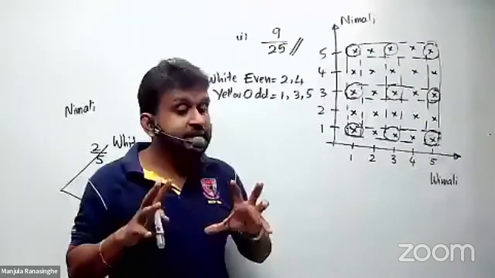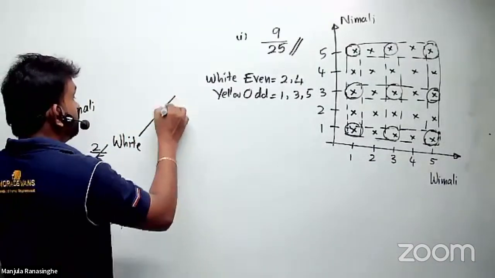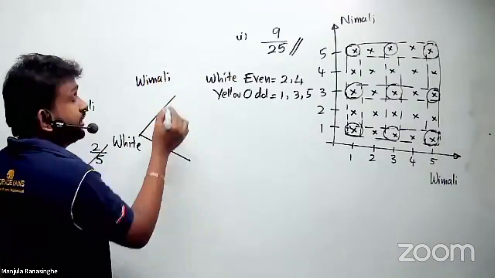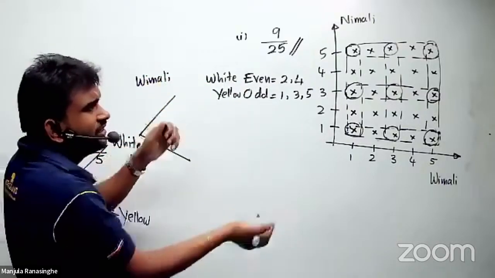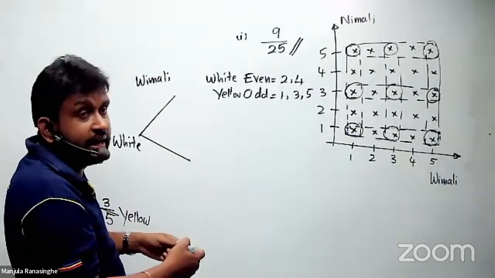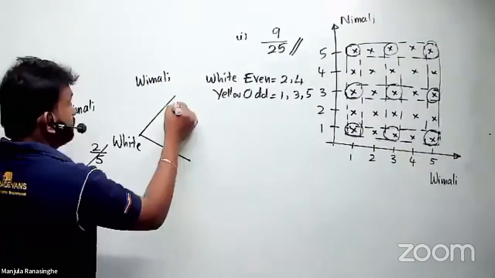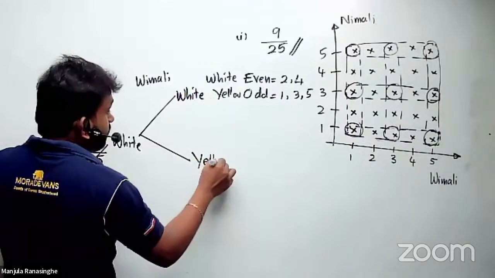In Vimali's case, we can extend the tree diagram. Vimali also has the same occasions. Whoever rotates, the probability does not change. She also has the same chances. So Vimali also has the same white and yellow backgrounds, with the same probability.